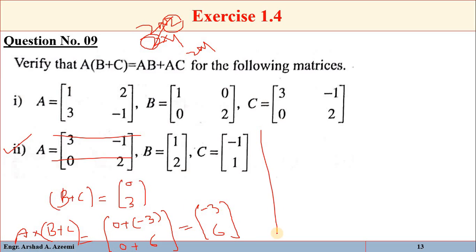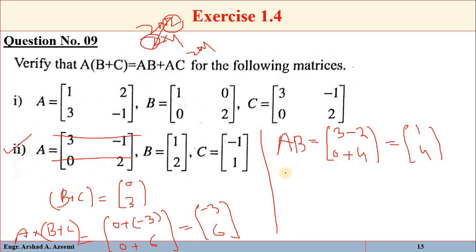Now let's first find AB. AB will be equal to 3 multiplied by 1, that is 3, plus minus 1 multiplied by 2, that is minus 2. Now second row with first column, 0 multiplied by 1 is 0, plus 2 multiplied by 2 is 4. Simplify it, so it will be 1 and 4.